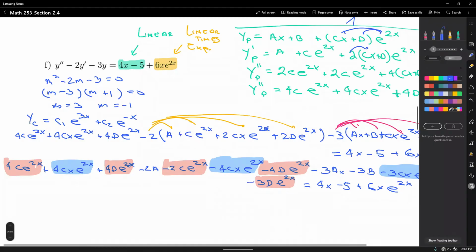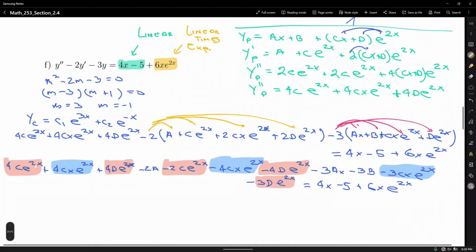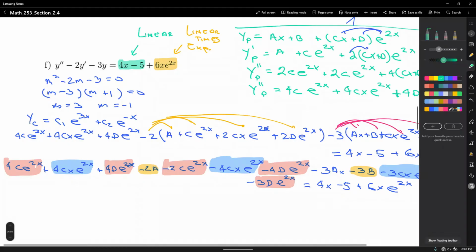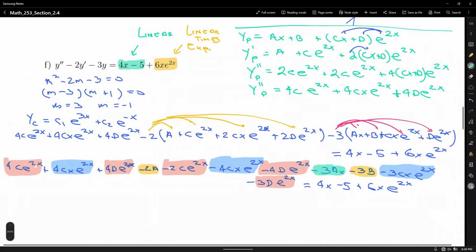Okay, negative. So, can we use a different color for constants: negative 2a minus 3b. Those are the only constant terms. And one more color only for constant times x.